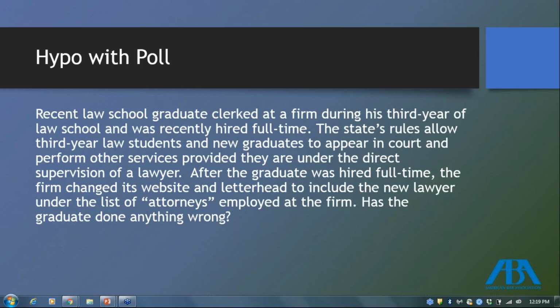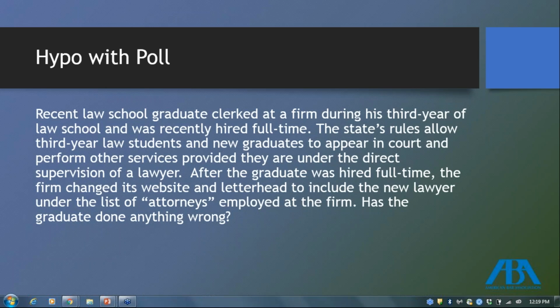What the graduate should have done was to approach the supervisor or the managing partner, express their concern, ask that the letterhead include either a licensing date or some other indication that the person is not yet licensed, and document the conversations to make sure that you have a record of that.